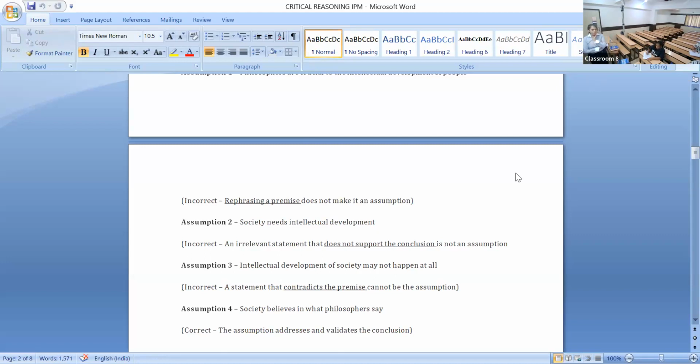If there is a fact, you are not supposed to write a contradictory statement. That cannot be your assumption. If there is a fact about the planets, you have to stick to that. You cannot assume something. Do not contradict the premise.